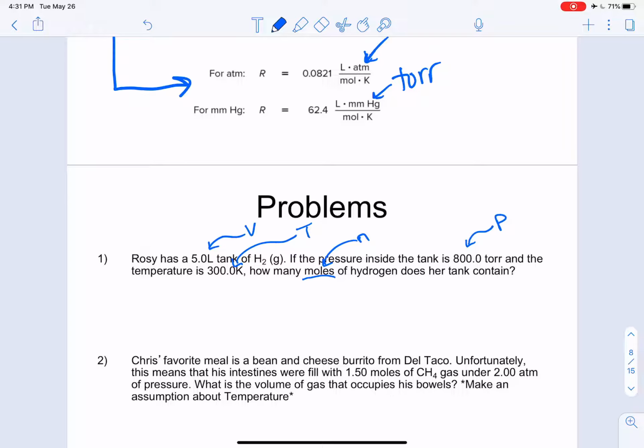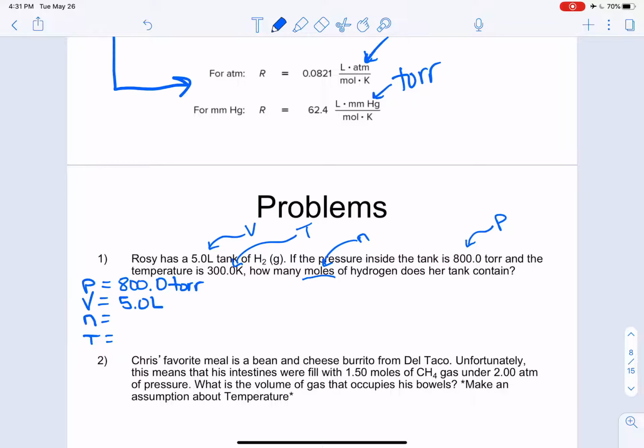But before that, let me go ahead and list our variables. So we have P, V, n, and T. Our pressure is 800 torr. Our volume is 5 liters.